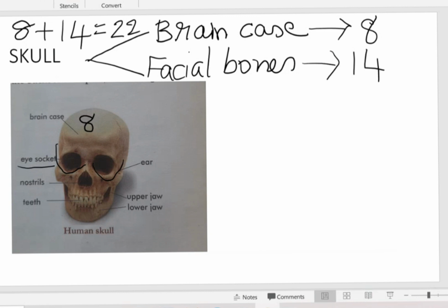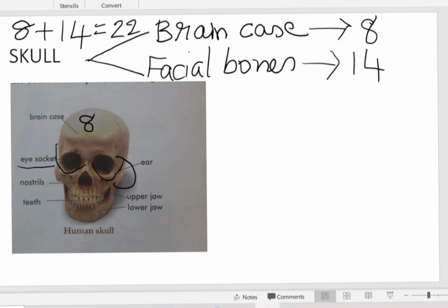And the facial bones start from here, the top part of the facial bone and the lower part of the facial bone. The total number of bones is 14. The facial bones form both the upper and lower jaws. The upper jaw is firmly attached. So this part is the upper jaw. This upper part is attached with the brain case.